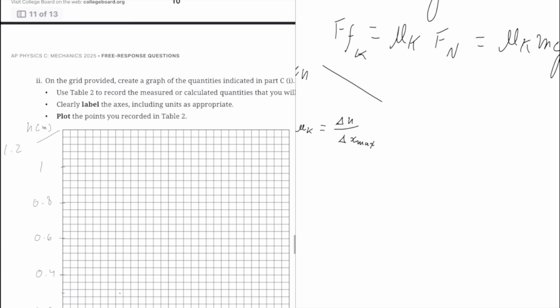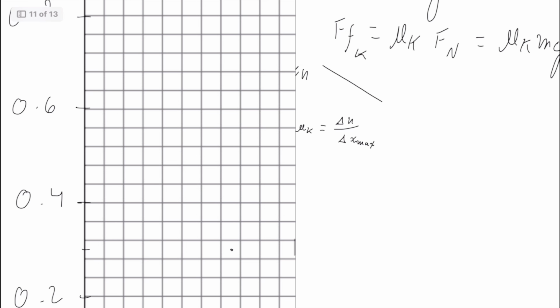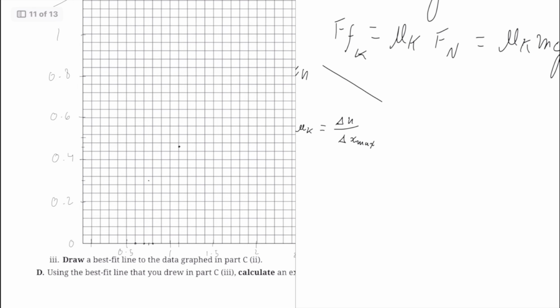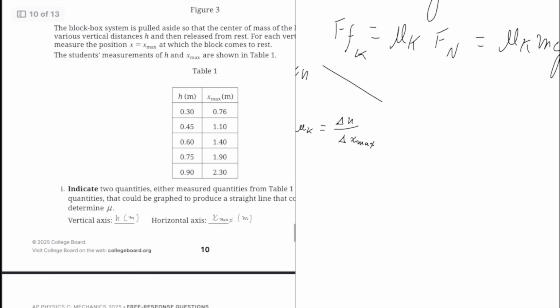Well, the y is 0.45. Well, that's pretty easy. If here was 0.5, because it's in the middle of the middle, it's like right there. So 1.1 is right here. That's the next point. Now this is starting to look pretty linear, which is a good sign.